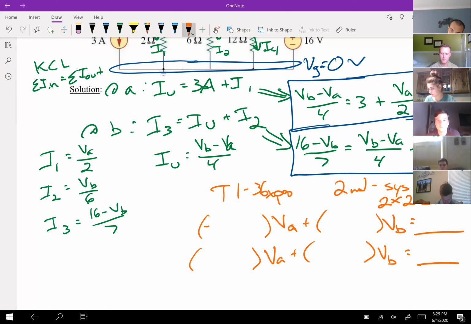So I have minus 1/4, and I pull the other one across, VA plus 2 minus 1/2. You don't even have to solve for that. On your calculator, you can just put minus 1/4 minus 1/2. It'll do the math, so save yourself the time of typing it in and writing it down, just type the whole thing in. VB is 1/4. And then the constant that I left on the right side is 3. Everyone okay with that?